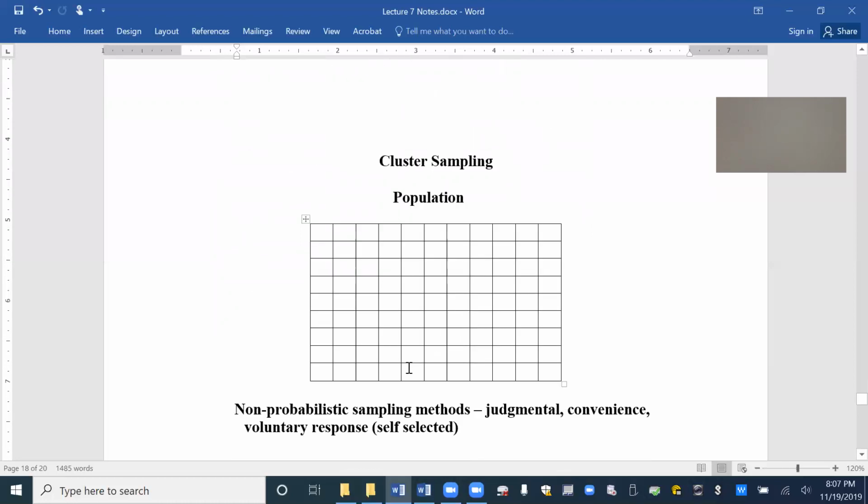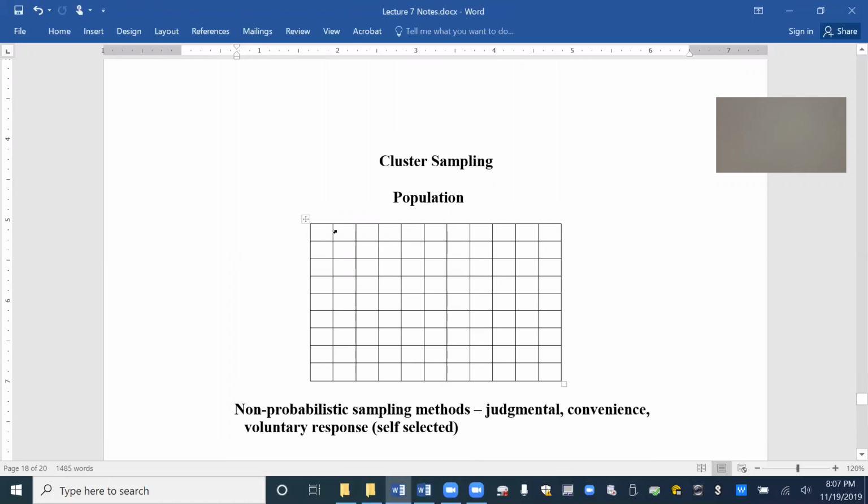Cluster sampling: in the old days before the internet, when we'd have to study many sections of the country or an area, what you would do is break the map down into little cells, each with the same number of people in the cell. You don't try to group common people at all.